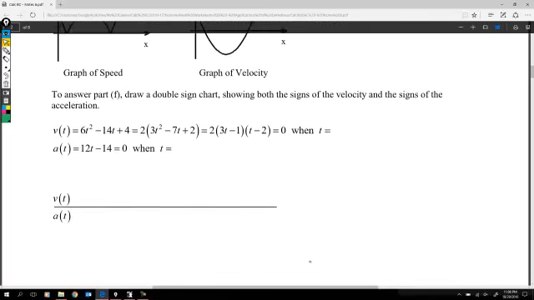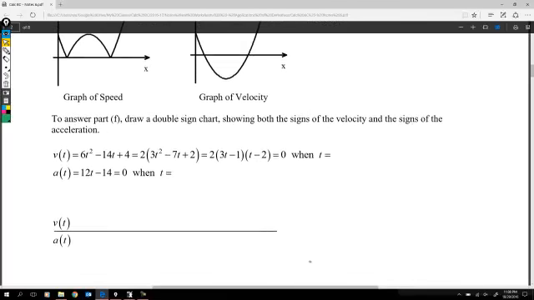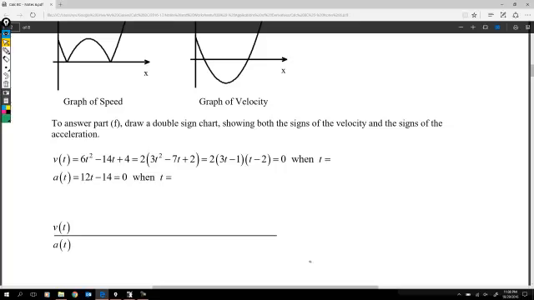Okay, so in order to do that, what we need to do is do a double sign chart, and we need to figure out the signs of my velocity and of my acceleration. Okay, so luckily they already did a lot of the work for us, so I just need to find my critical numbers and I need to find my potential inflection points. Okay, so here I know that I have critical numbers at 1/3 and 2, and here I'll have an inflection point at 7/6.